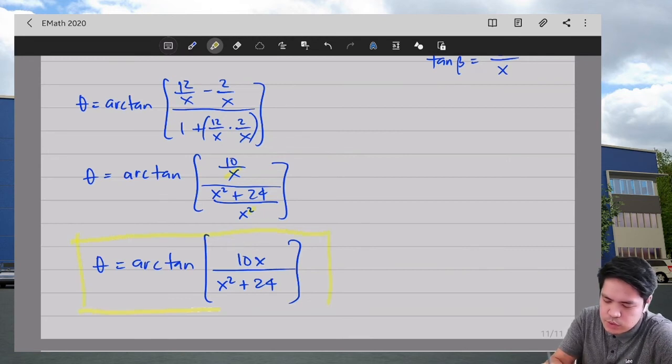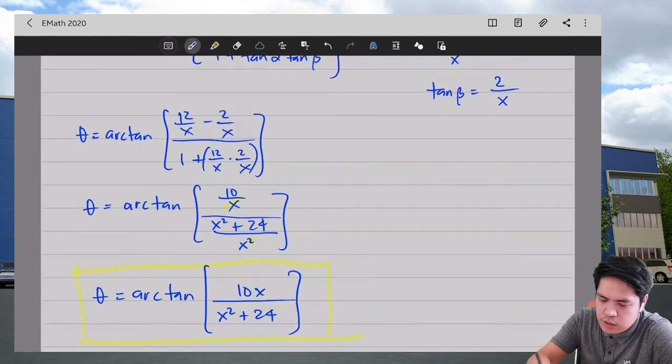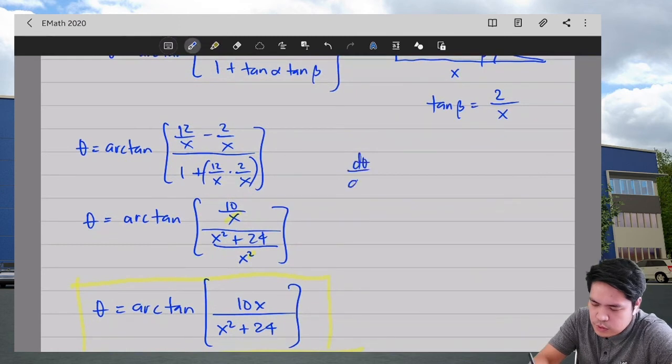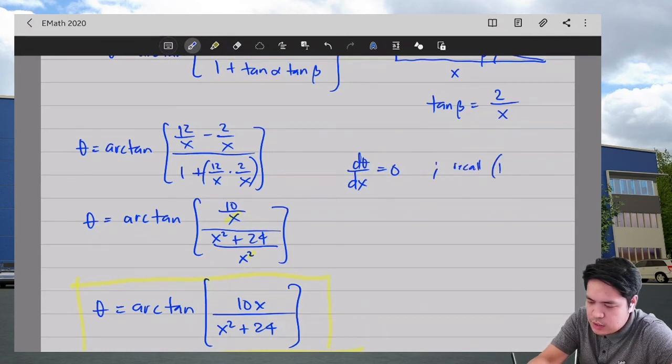So to get the derivative of theta with respect to x and equate it to 0, we need to recall again that the derivative of arc tangent u is just du over dx over 1 plus u squared.